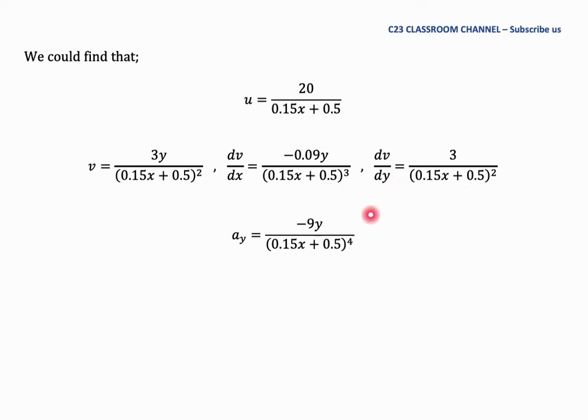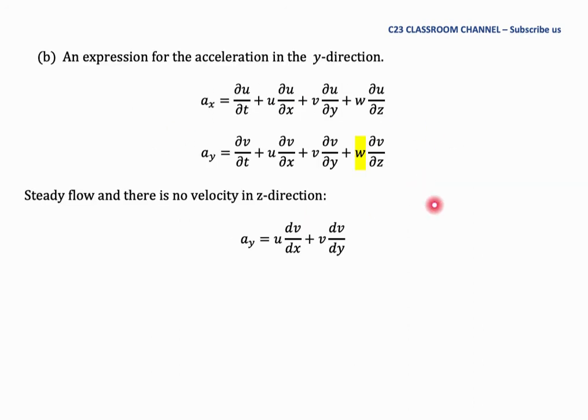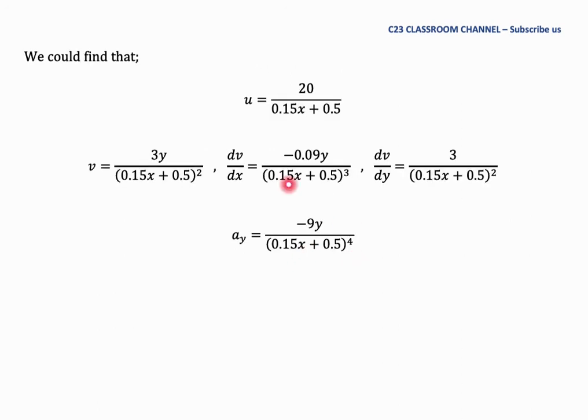And then we substitute all these terms into this equation. We have u, we have v, and we have dv/dx and dv/dy. Everything is calculated here. You can get that the acceleration in the y direction is minus 9y over (0.15x plus 0.5) to the power of 4.